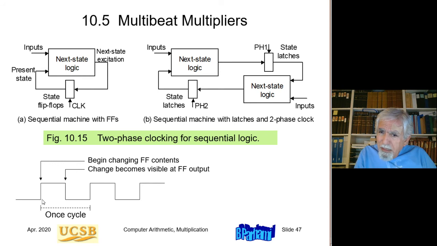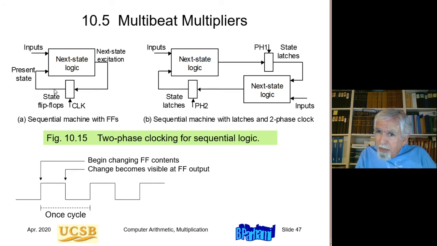So this diagram shows what happens. When the clock goes high, the positive edge of the clock, then these inputs start affecting the contents of the flip-flops, and typically these are master-slave flip-flops, so that as their contents are being changed, the output remains stable.